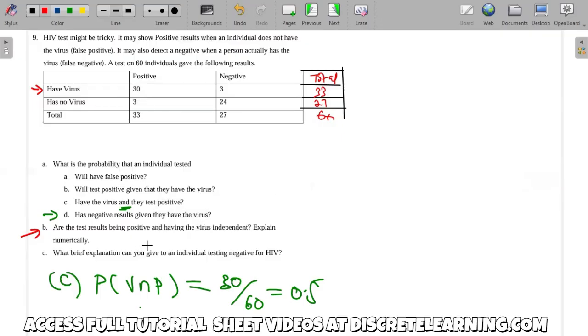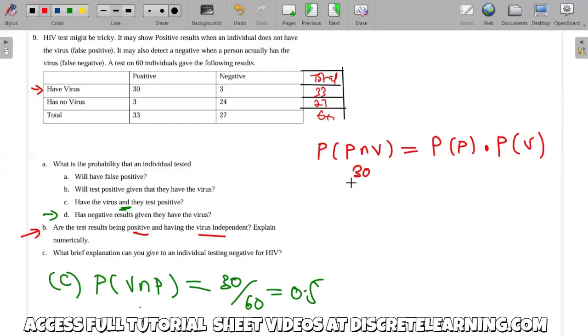Here we're just trying to see if being positive and having the virus are independent. So we check if the probability of positive intersection virus is equal to the probability of positive multiplied by the probability of virus. So the probability of positive intersection virus, positive is here, the virus is there.